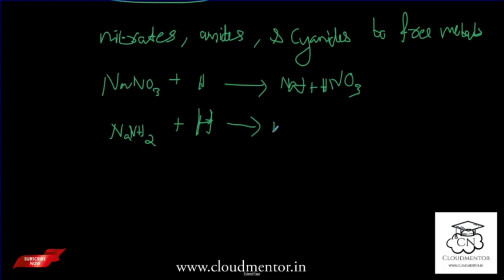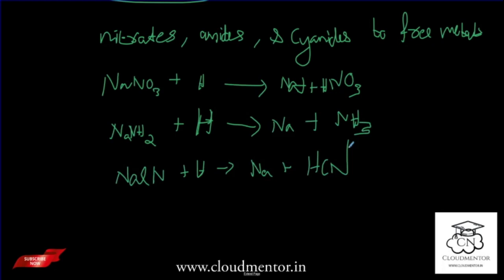And from sodium cyanide, NaCN, hydrogen also reduces it to the metal, that is sodium, and forms hydrogen cyanide. However, it does not affect the sulfates and halides of alkali metals.